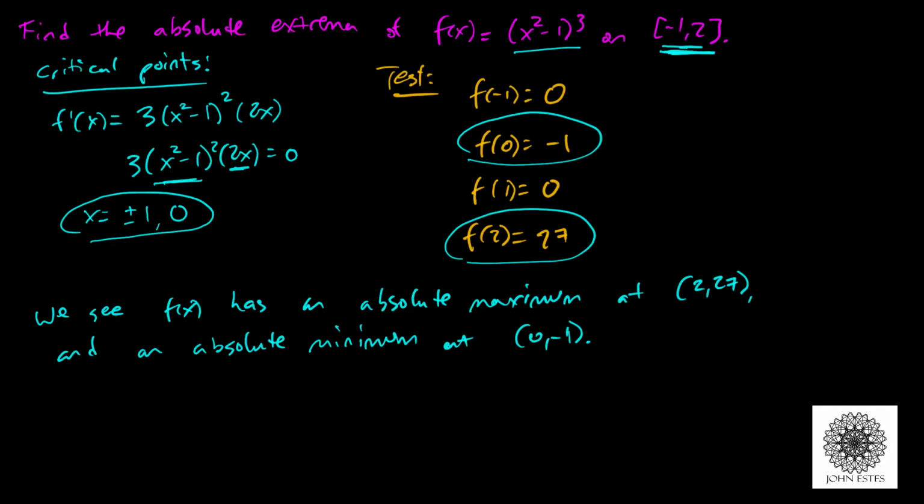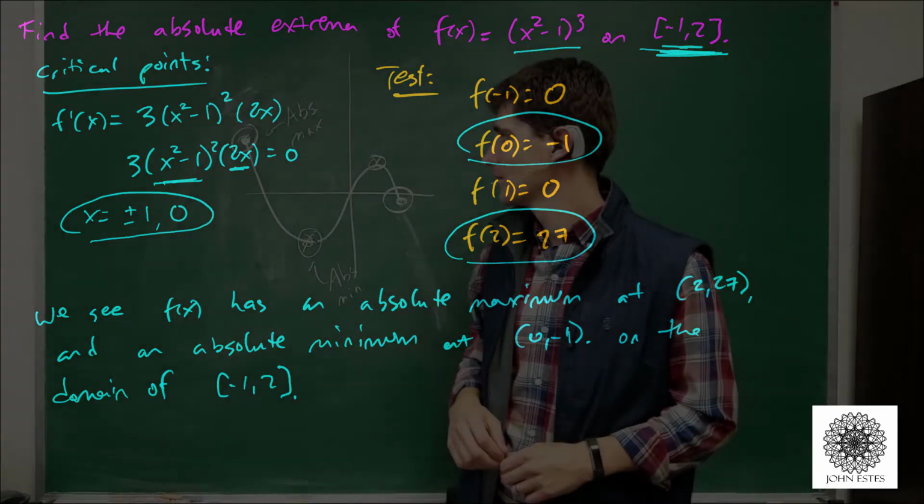And it should be pointed out that this is only true because we're on a closed interval. If we didn't close that interval off, this may not be true anymore. In fact, it wouldn't be. So we need to say on the domain of -1 to 2.